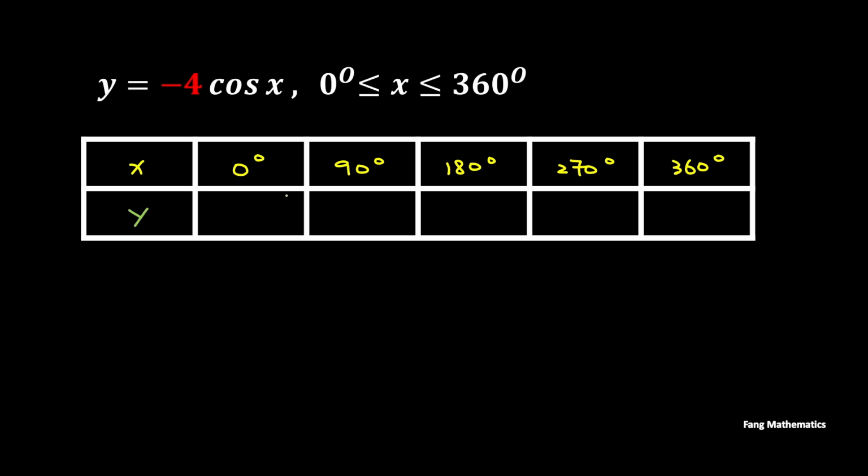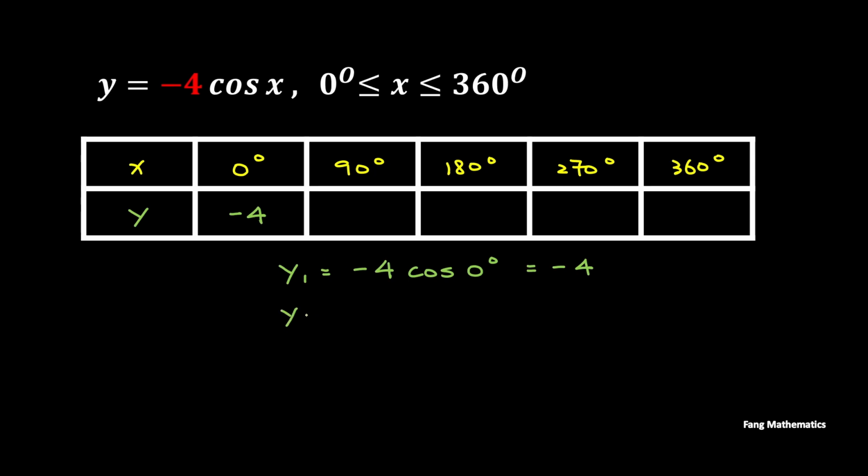Let me do the first 3 for you. We are starting from 0 degrees. In place of x, you just put 0. I believe that should give you minus 4. So you put minus 4 to the corresponding y's.